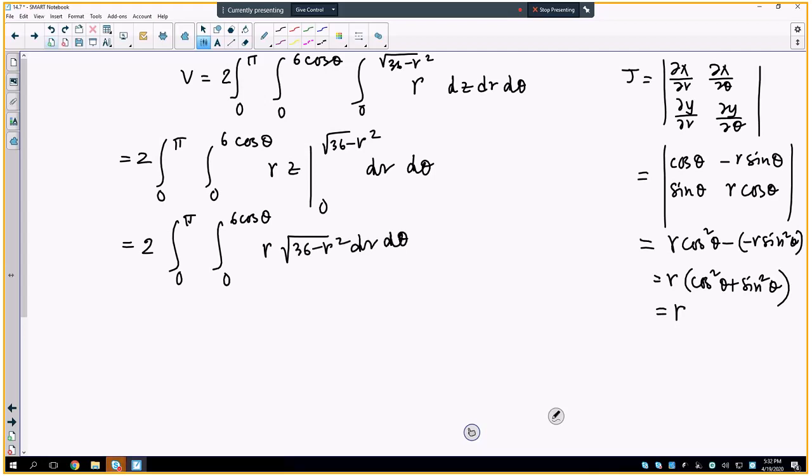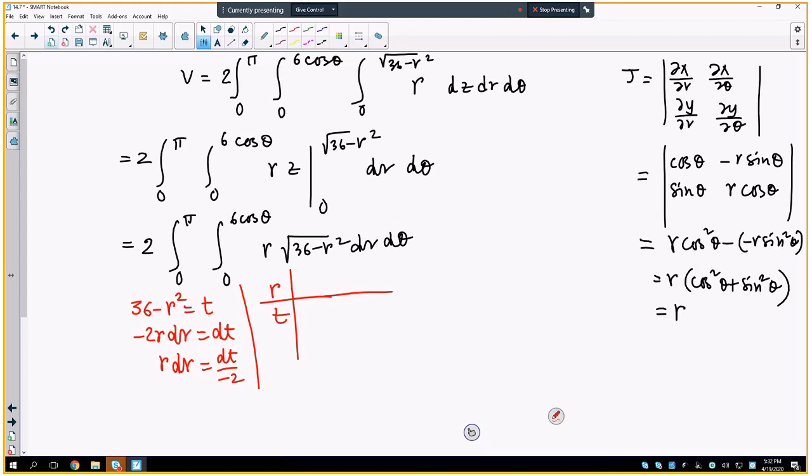So this is our first substitution situation. Now we are going to substitute 36 minus r squared equal to a new variable. And let's go ahead and say that this is t. So minus 2r dr is dt, but my antiderivative has r dr only. So I divide both sides by negative 2. And the other thing is taking care of the limits from r to t.